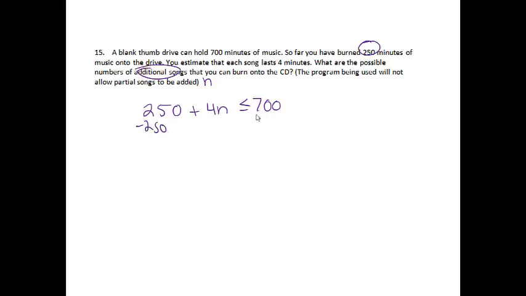I'll subtract 250 from both sides, so we'll get 4n is less than or equal to 700 minus 250, which is 450. And then I will divide both sides by 4, so I'll get 450 divided by 4, which gives me 112.5.